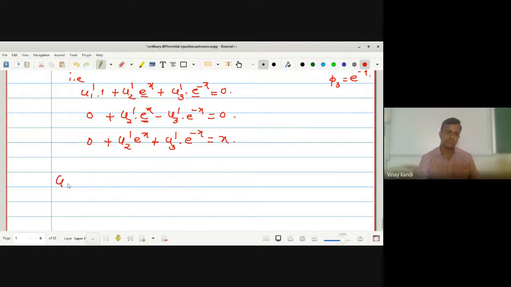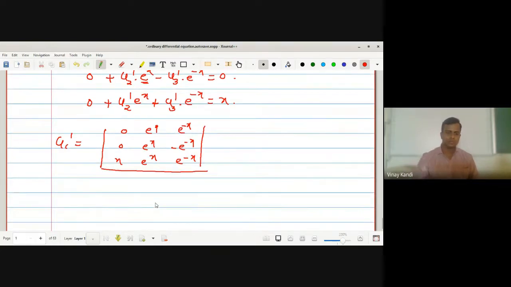So here we get u1 dash is equal to the determinant with first column 0, 0, x, e raised to x, e raised to x, e raised to x, minus e raised to minus x, e raised to minus x, divided by the Wronskian of phi 1, phi 2, phi 3, which is the determinant of 1, 0, 0, e raised to x, e raised to x, e raised to minus x, minus e raised to minus x, e raised to minus x. Now solve this one and tell me the value of numerator and denominator.